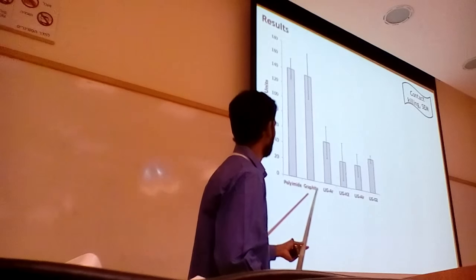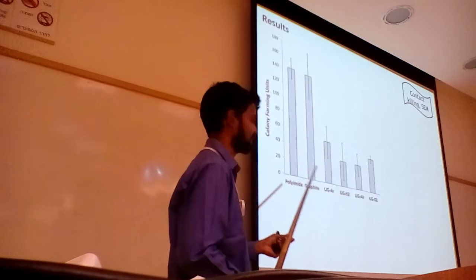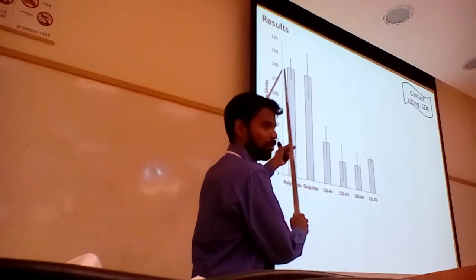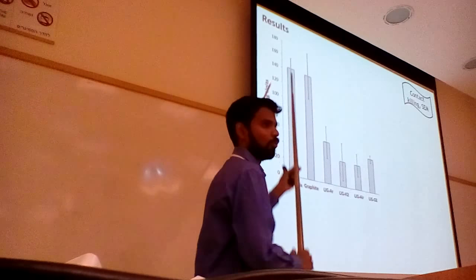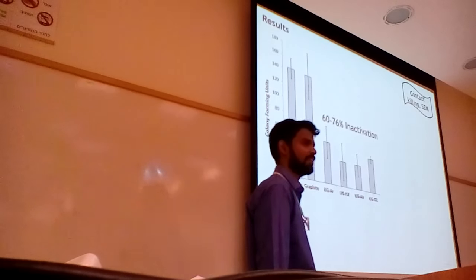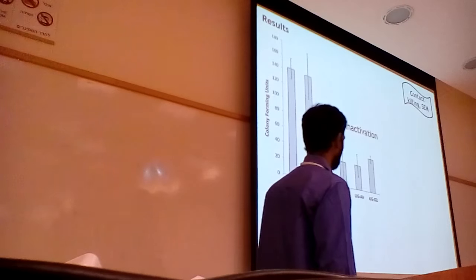So polyimide and graphite, after incubating with bacteria, show about 140 colony forming units. We have to find out whether graphene kills bacteria or not, and we found that they have 60 to 76% inactivation.